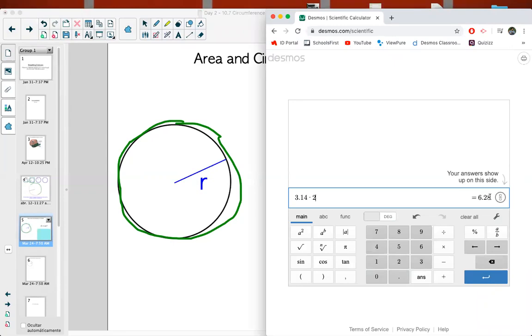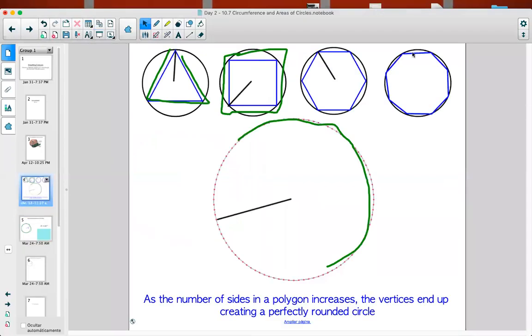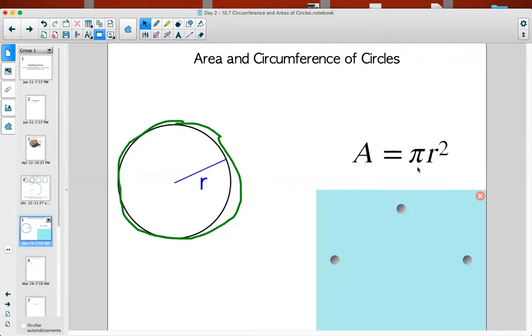They kept getting this number, 6.28, over and over again. They got that for a shape that has 10 sides, 11 sides, 12 sides, all the way towards infinity. And then they, again, because they had to use pi as 3.14, they kept it as pi.